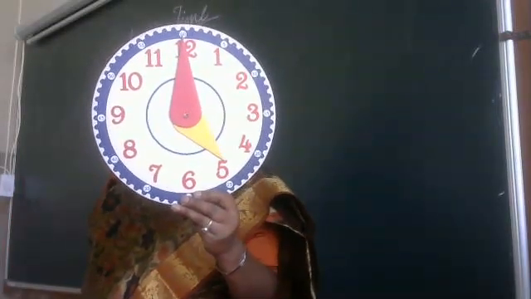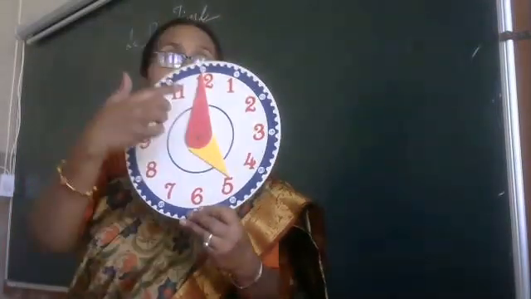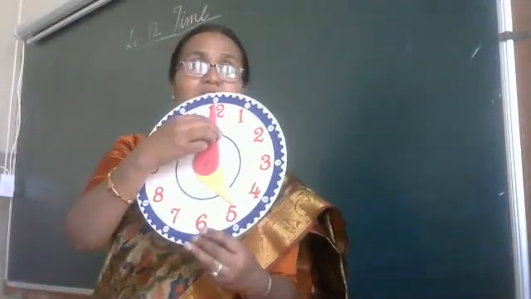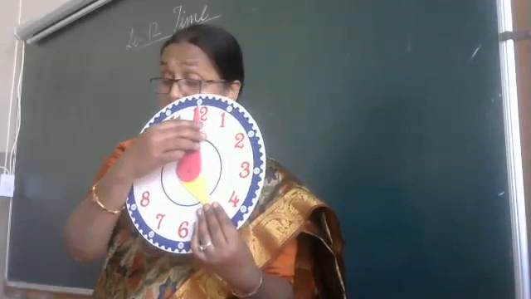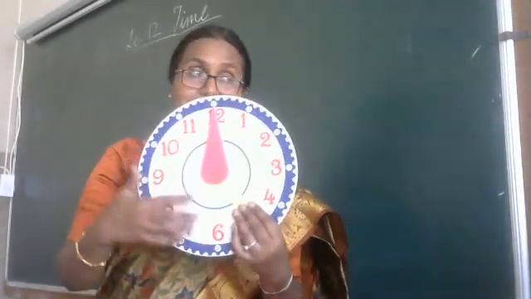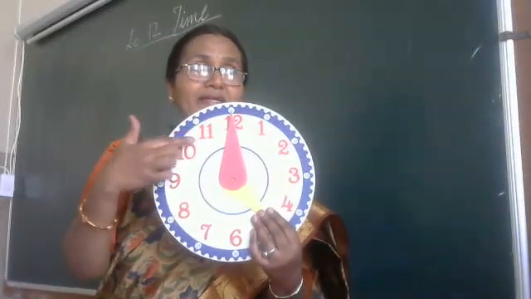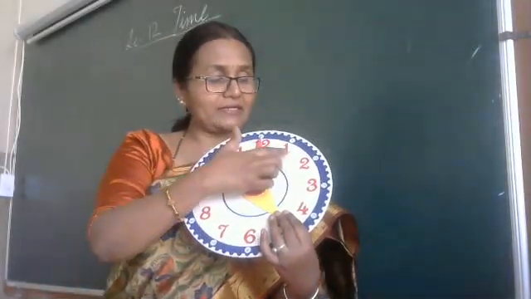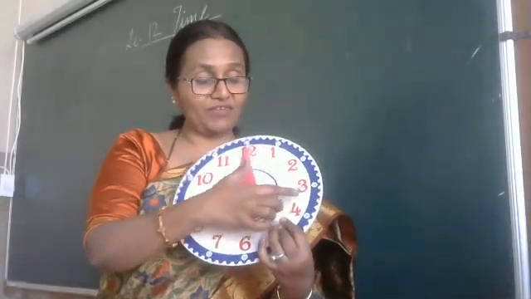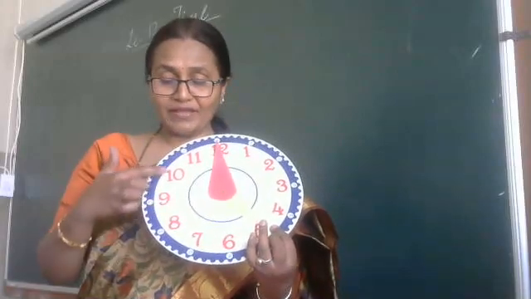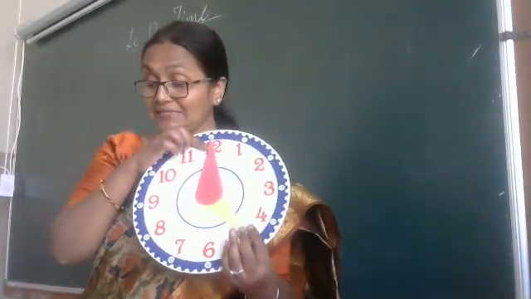So the minute hand completes one round. The minute hand, that is the longer hand, completes a round of 60 minutes. You saw 5, 10, 15, 20. I counted 5, 10, 15, 20, 25, 30, 35, 40, 45, 50, 55, 60.